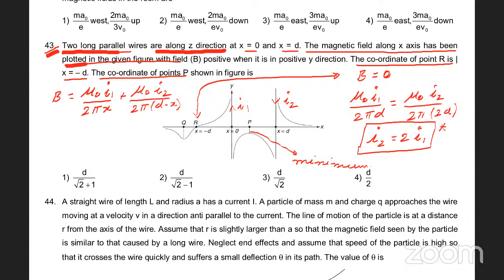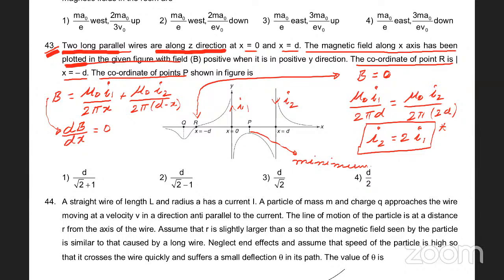Simplify this. Since the field is minimum, the first derivative dB by dx is equal to 0. So differentiate this expression for B with respect to x and equate to 0.